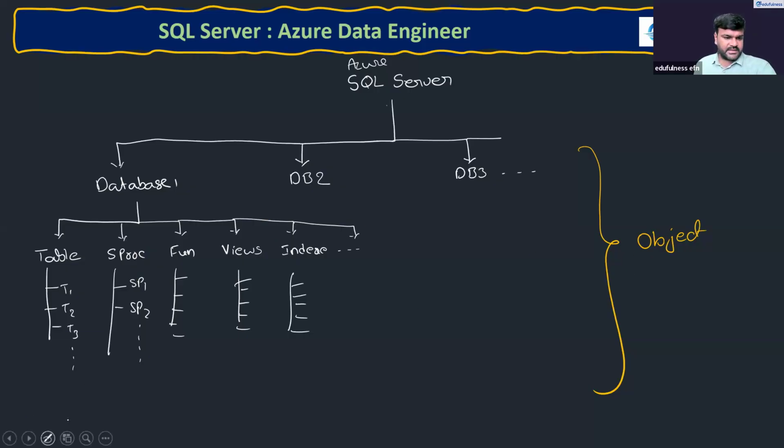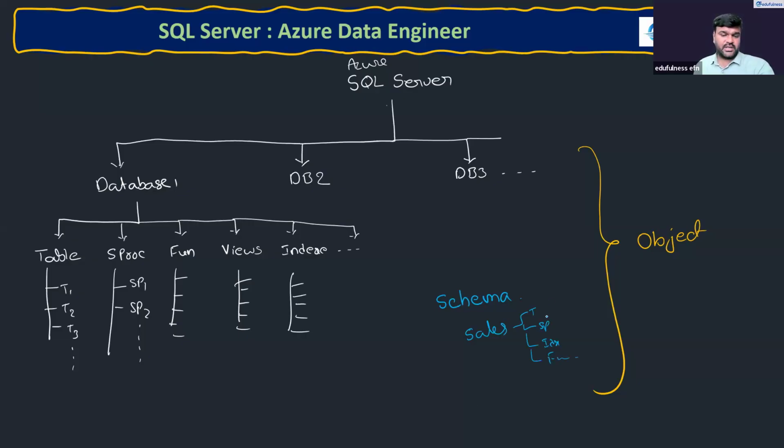Then on top of this, we are going to have a schema concept. In your database, you might be dealing with different sections of work. So you might have sales related data. Sales related tables will be there. Sales related stored procedures will be there. Sales related indexes will be there. Sales related functions will be there.